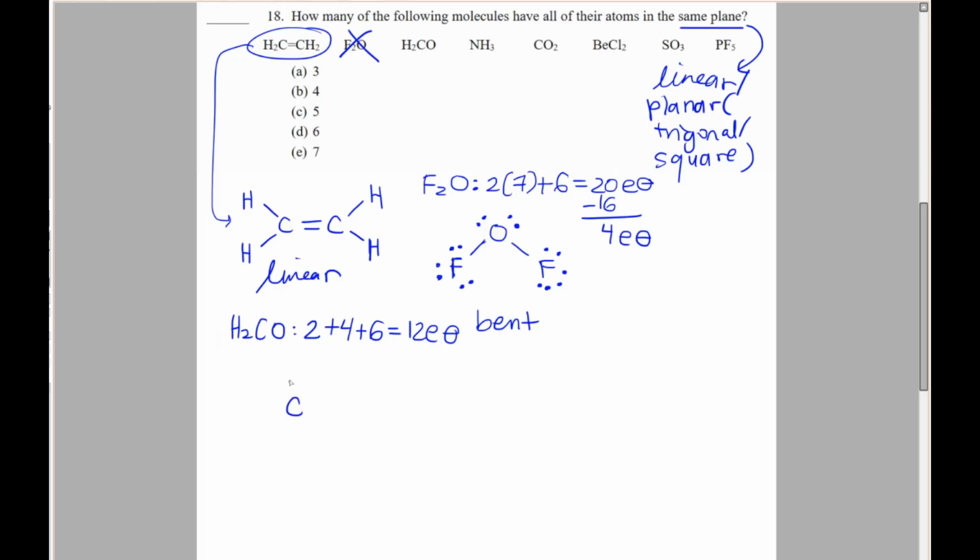So we can draw out carbon and we could draw out the general shape. It's going to look something like this. And keep in mind that carbon wants to form 4 bonds. And we can't add an extra bond to any of these hydrogens since it would violate the octet rule.